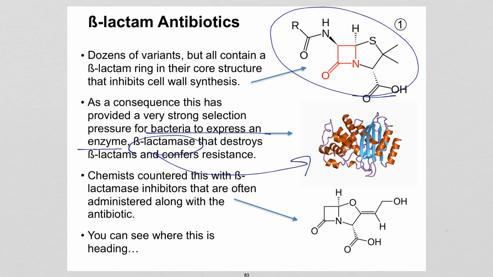Okay? It's a defense mechanism. If the bacteria can produce an enzyme that destroys the antibiotic, it won't have an effect. And so when we talk about bacteria being resistant to an antibiotic, penicillin resistant for example, all that means in this case is they have a gene somewhere, either in their chromosome or on a plasmid, that codes for beta-lactamase.